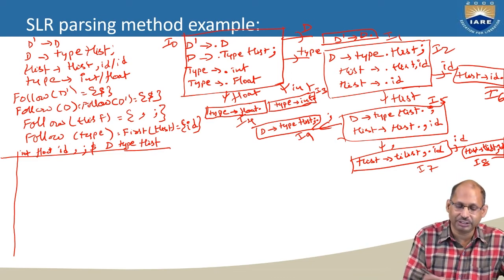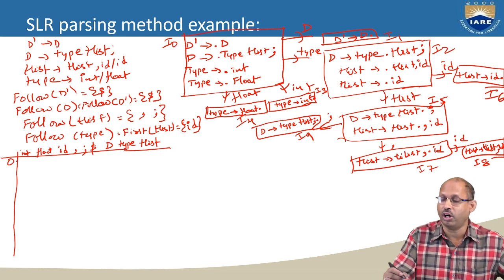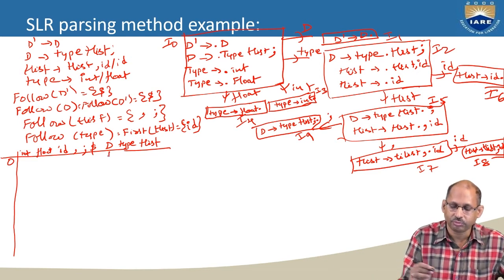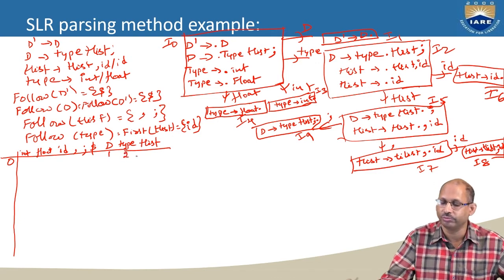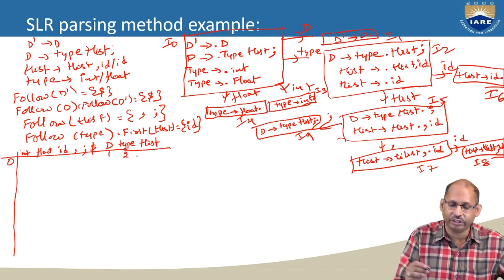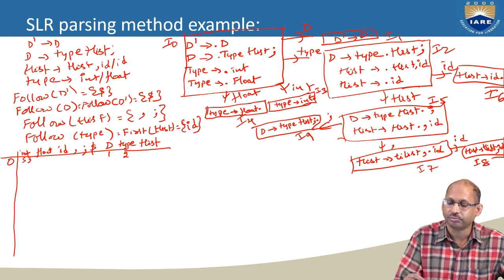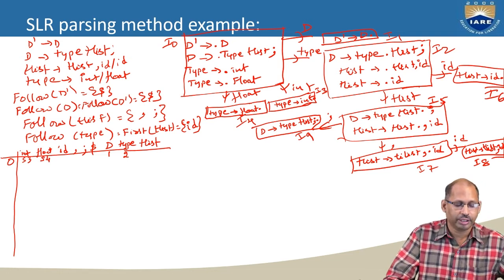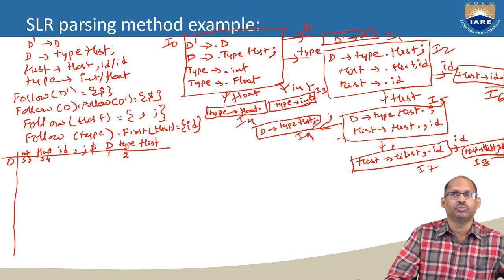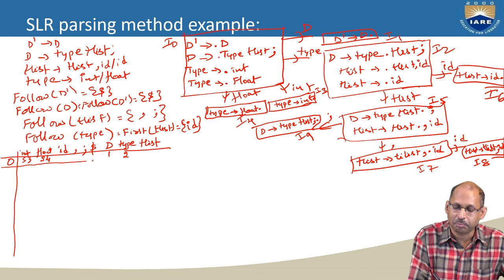Then what are the states we have? State 0, the first one. 0 on D is 1. On type it is 2. On int it is I3, so S3. On float it is I4, so S4. So here the I0 group is completed.